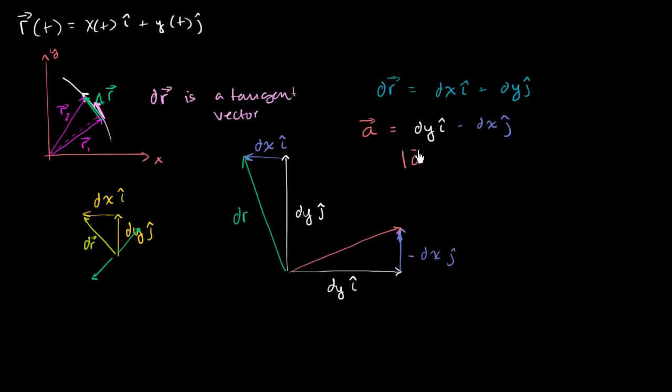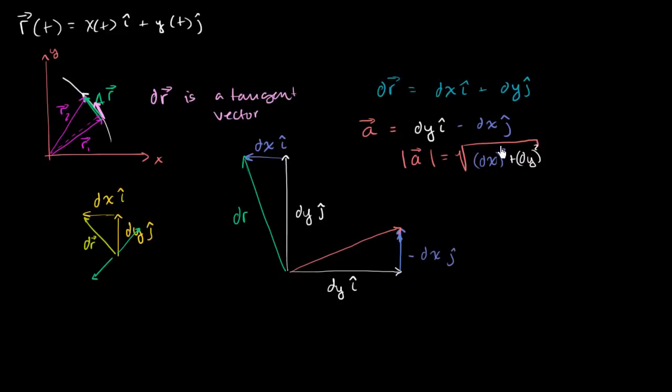The magnitude of A is going to be equal to the square root of, and I'll just start with the dx squared. So it's the negative dx squared, which is just going to be dx squared, same thing as positive dx squared. It's going to be dx squared plus dy squared. I could have put the negative right in here, but then when you square it, that negative would disappear.